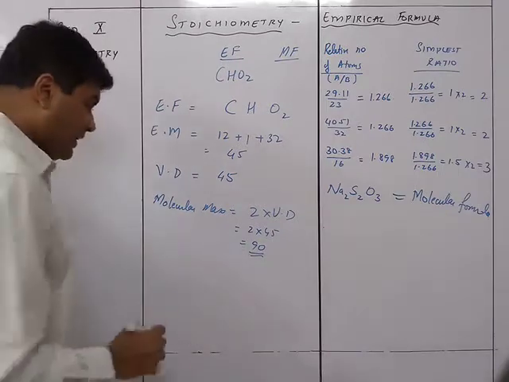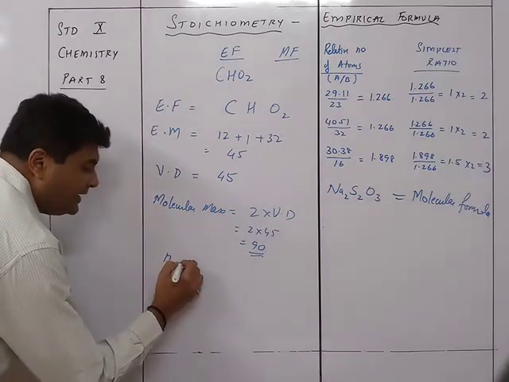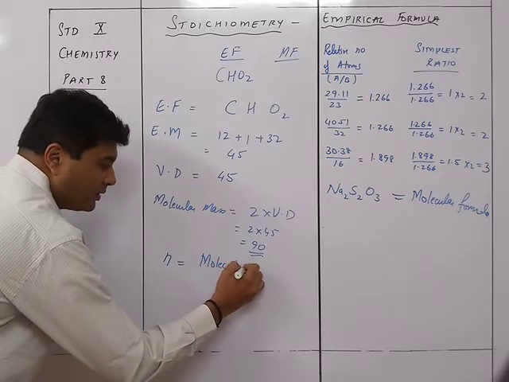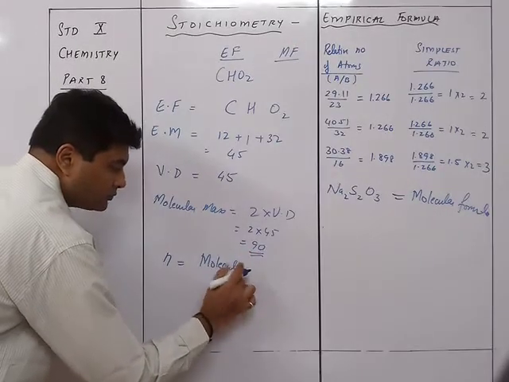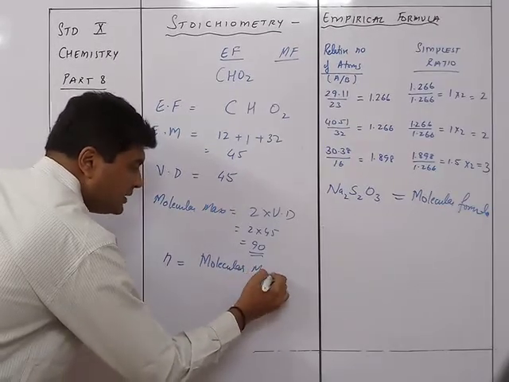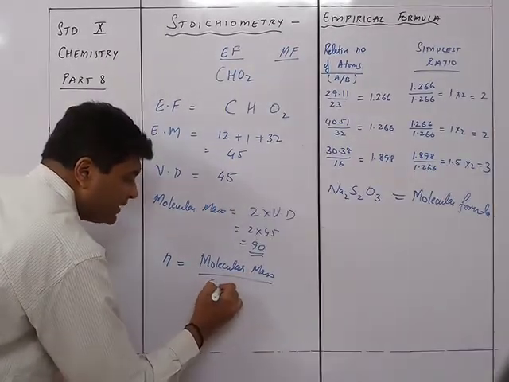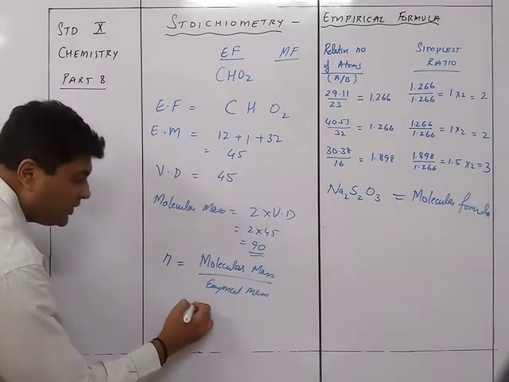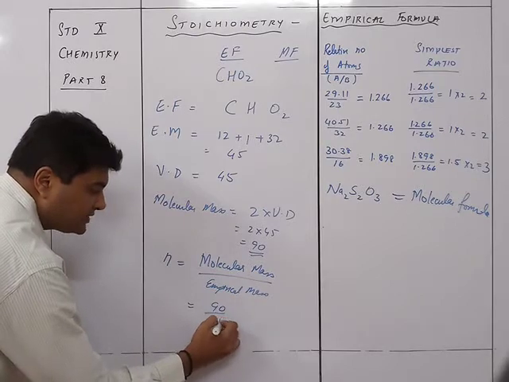Molecular mass is 90. Now the formula for n is: n is equal to molecular mass upon empirical mass. So the molecular mass we know is 90, whereas the empirical mass is 45.